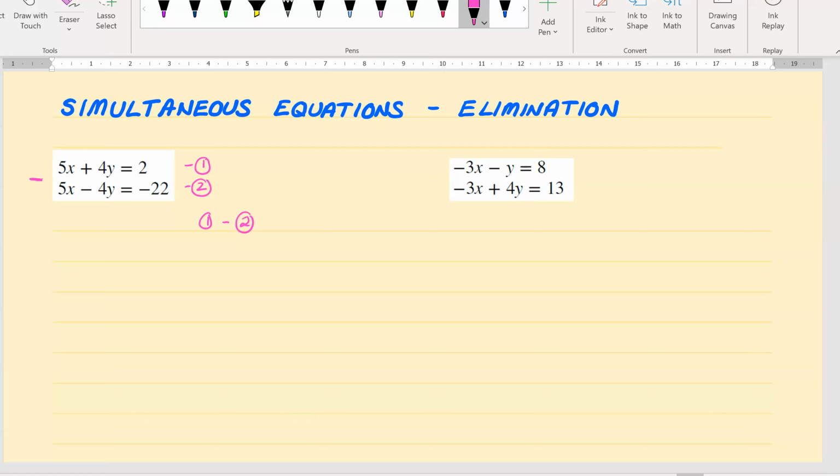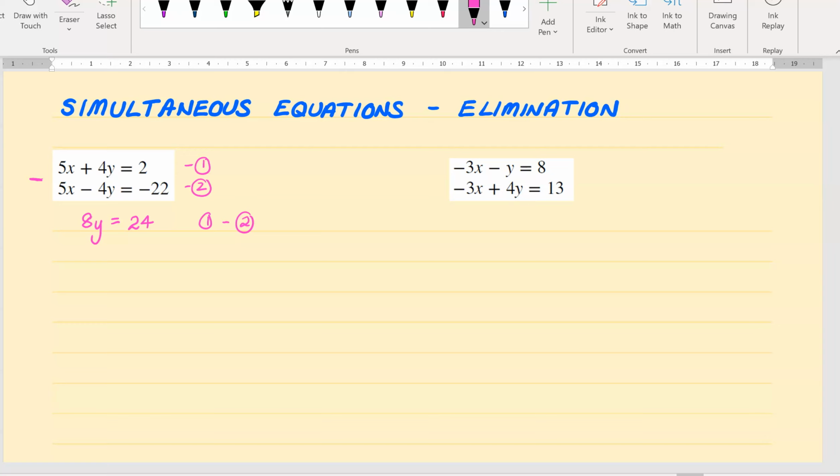So they are eliminated, they disappear. But now I have to keep going, and I'm going to say 4 take negative 4. So two negatives make a positive, so I get 8y. And I have to keep going down here. 2 take negative 2. So take again becomes a positive, so I get 2 plus 22, which is 24.